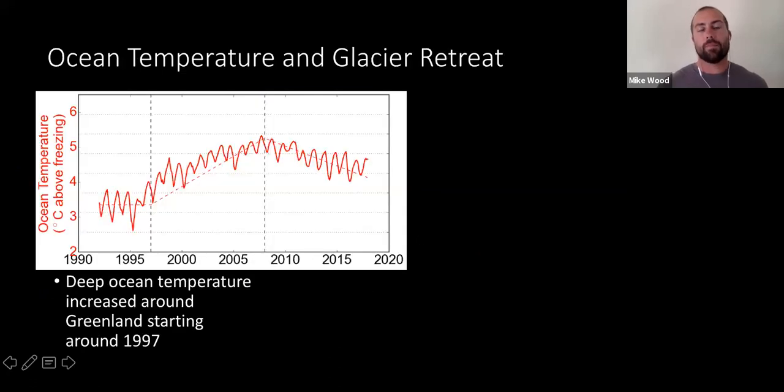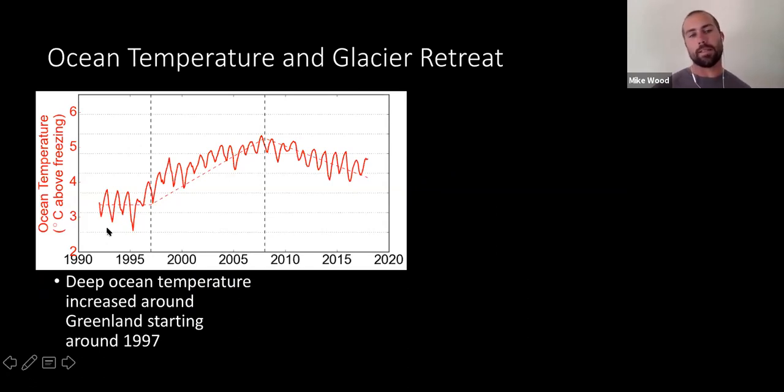So this is a project that I've worked on over the past several years, both in my PhD and then as a postdoc at JPL. In this project, we were connecting the broad scale changes in temperature. So here I've done some averaging of ocean temperature at around 250 meters all around Greenland.